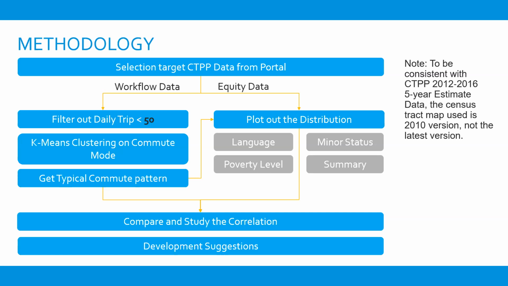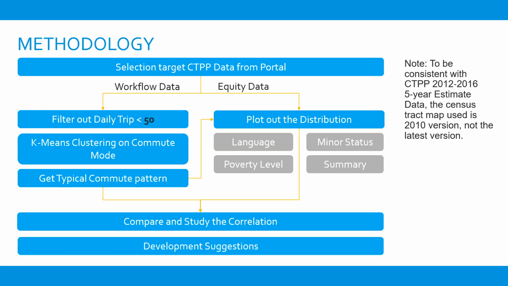By doing this, we divide all census tracts in Queens into 5 different categories. And then for each category, we give a prototype of how they commute from their living space to Midtown Manhattan.